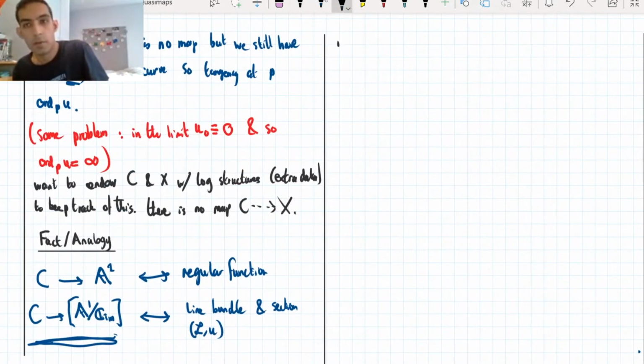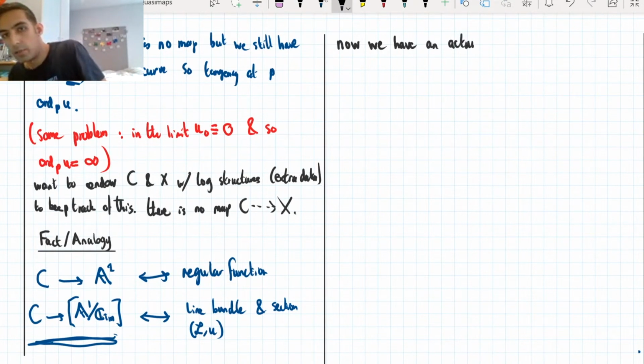So now we have an actual morphism to put this extra data on.